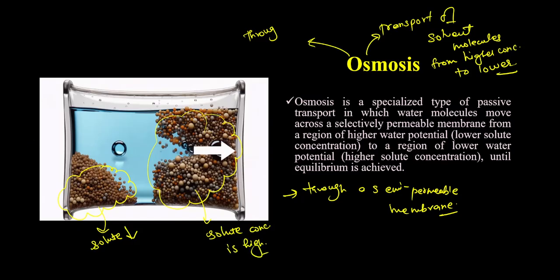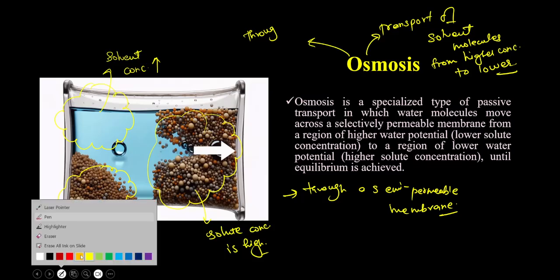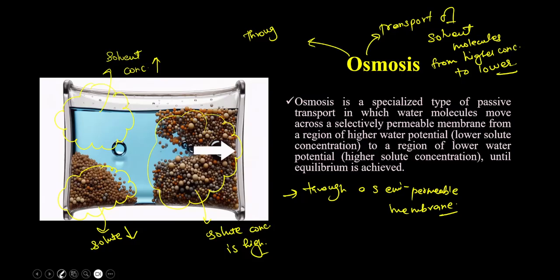But on the other hand, on this side solvent concentration is high, and on this side solvent concentration is low. So in osmosis, the water molecules will move through a semi-permeable membrane. So we will put a semi-permeable membrane here.